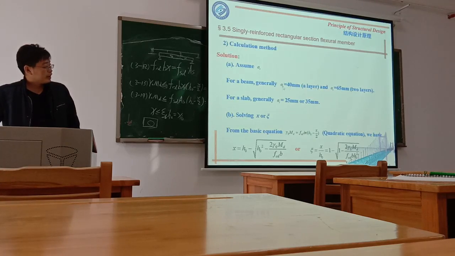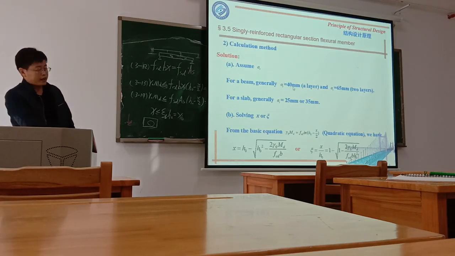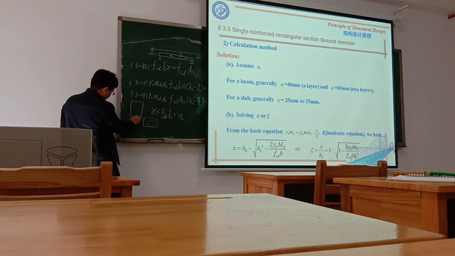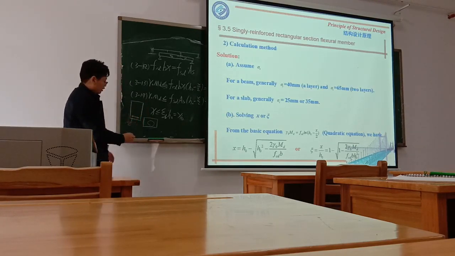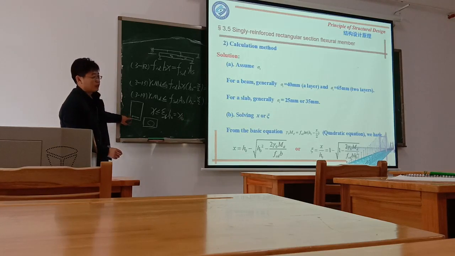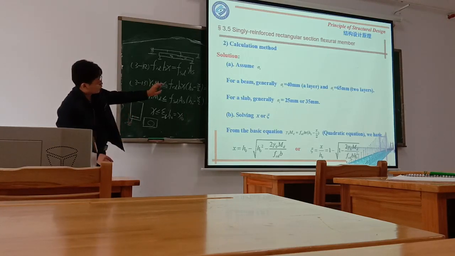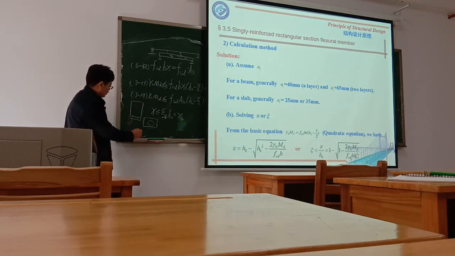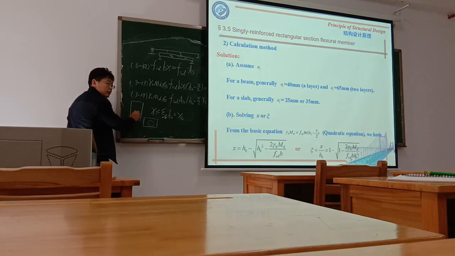Because you see, AS is the center of the steel to the surface. Center to the surface of the beam.